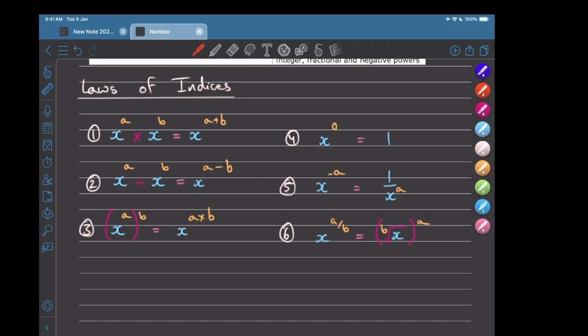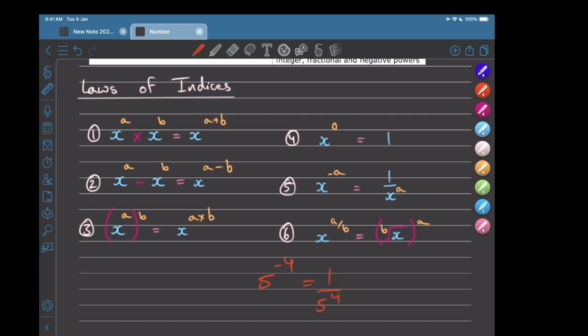Secondly, we have negative integer indices, where if the value is negative, like x to the power of negative a, let's say 5 to the power of negative 3. What this technically means is 1 over 5 to the power of 3. Let me explain again.